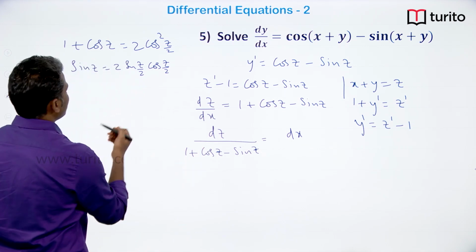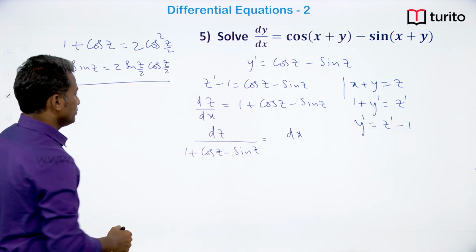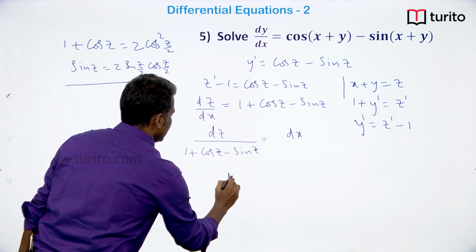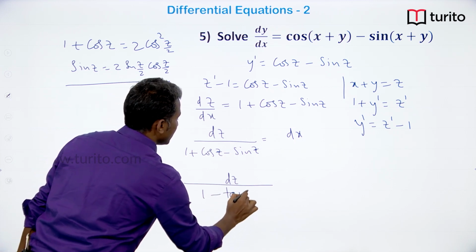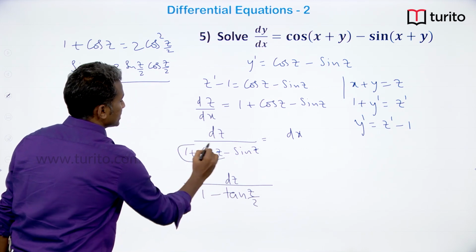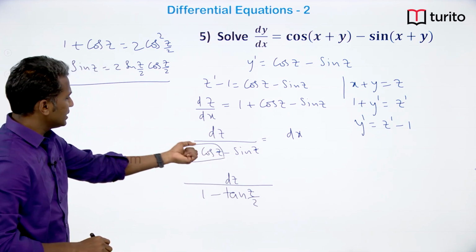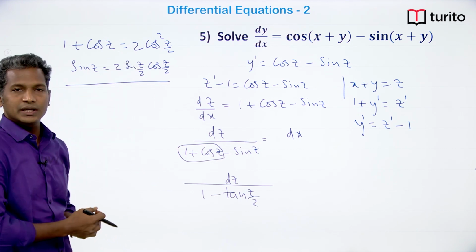What do I get here? If I divide these two, I get tan z by 2. So, here we can write this as dz divided by (1 minus tan z by 2), where 1 plus cos z is the same as 2 cos square z by 2.